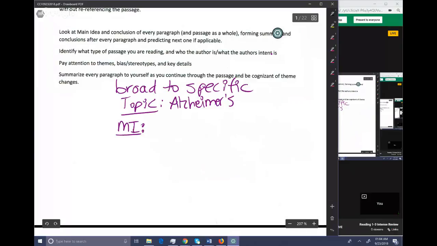So let's say that I identify it's going to be about Alzheimer's, and I move on to my main idea. At first, I might write that it's death from Alzheimer's, that I predict that this passage is going to talk about death from Alzheimer's. That is more specific than just saying Alzheimer's. So I've narrowed that a bit, but I want to continue assessing and say, is that all of the info that I have?